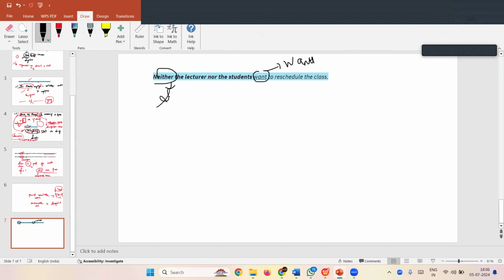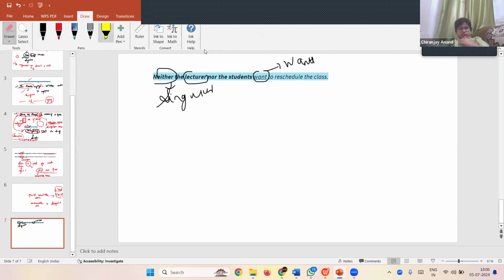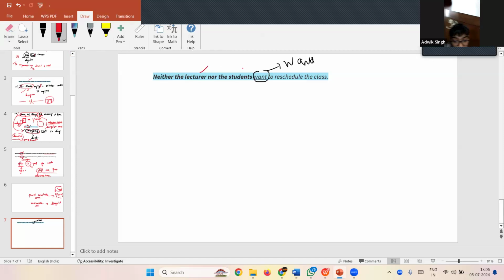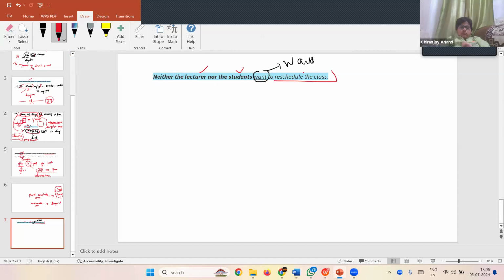Neither means singular? Logically, tell me why it is singular. What is the sentence actually telling here? Lecturer as well as students, both of them don't want the class, right? The meaning of this sentence is, neither the lecturer nor the students want to reschedule the class, means they don't want to reschedule the class.